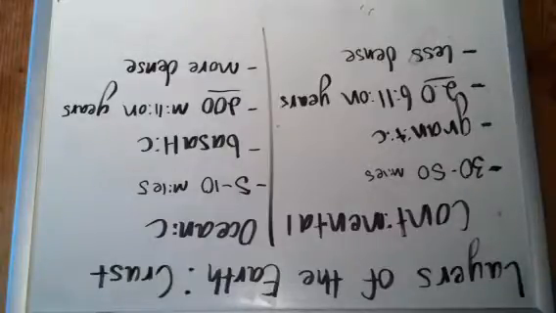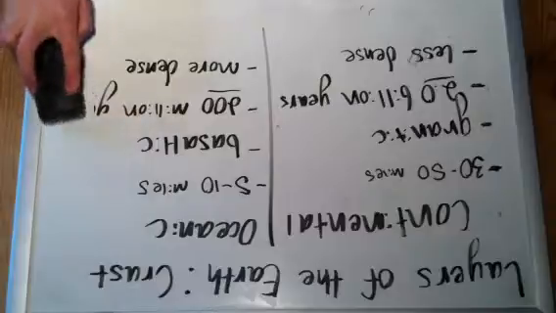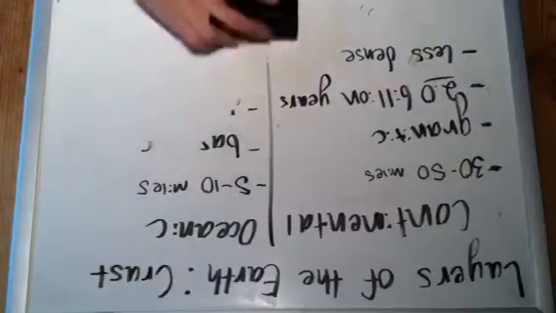If you took a chunk of continental crust and a chunk of oceanic crust of equal size, that is, equal volume, then the oceanic crust would be heavier than the continental crust. Those are the main differences between the two, and they give you a generally good idea of how the crust works.